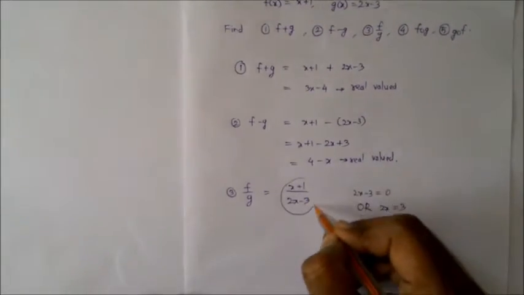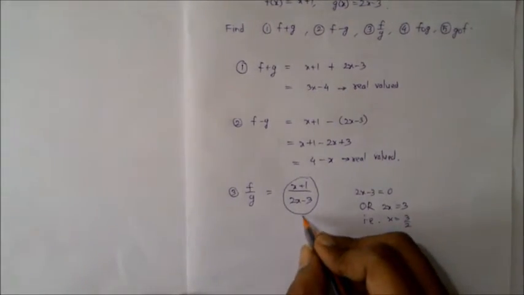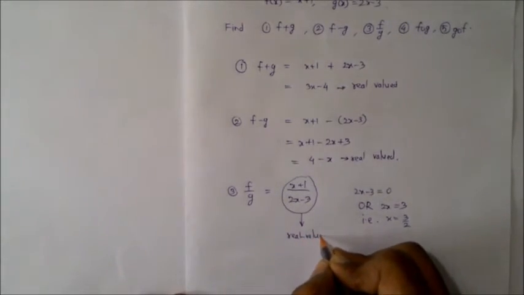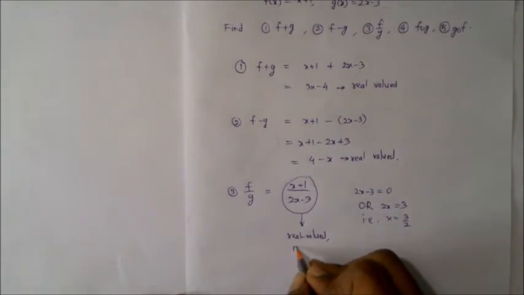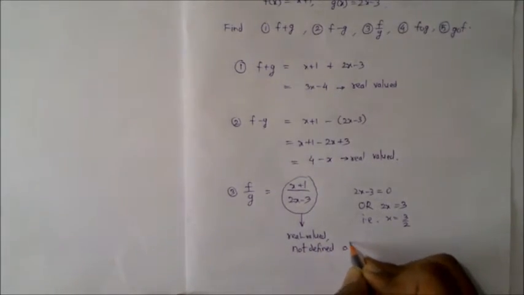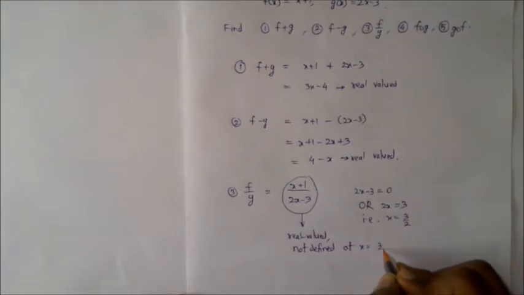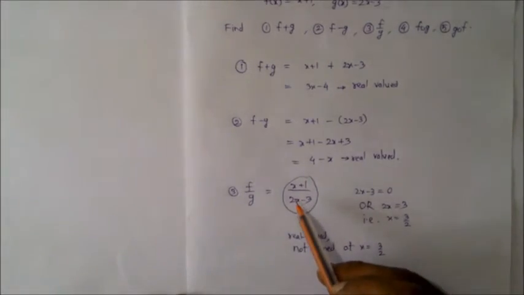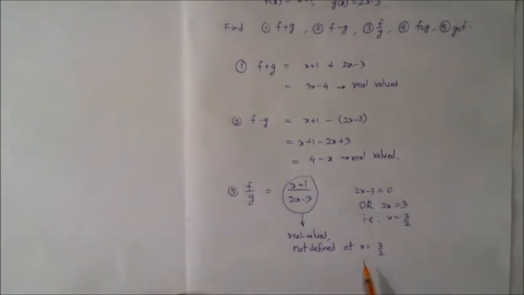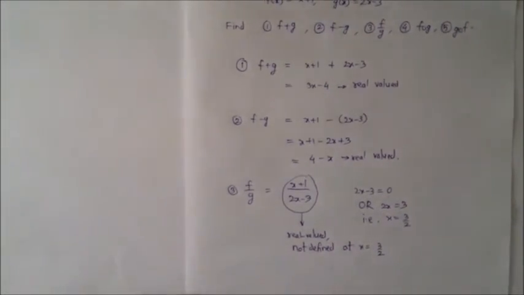That means this function (x plus 1) upon (2x minus 3) is real valued but is not defined at x is equal to 3 by 2. The reason being, when we substitute x is equal to 3 by 2, the denominator becomes 0 and anything divided by 0 is undefined in mathematics.